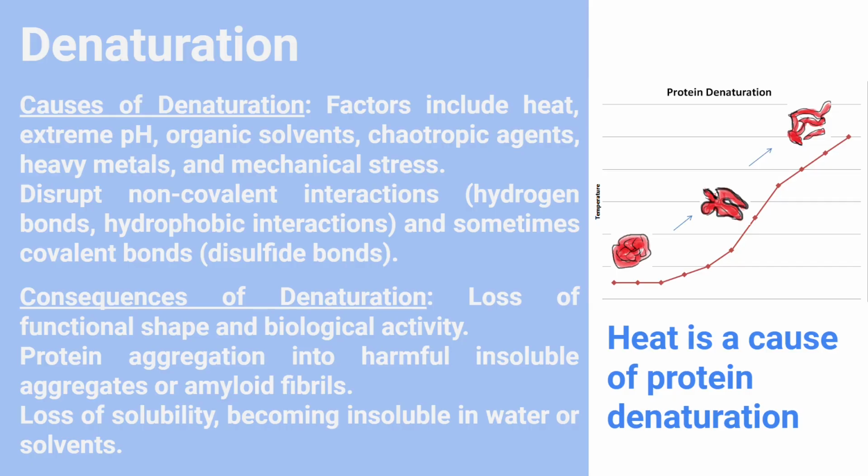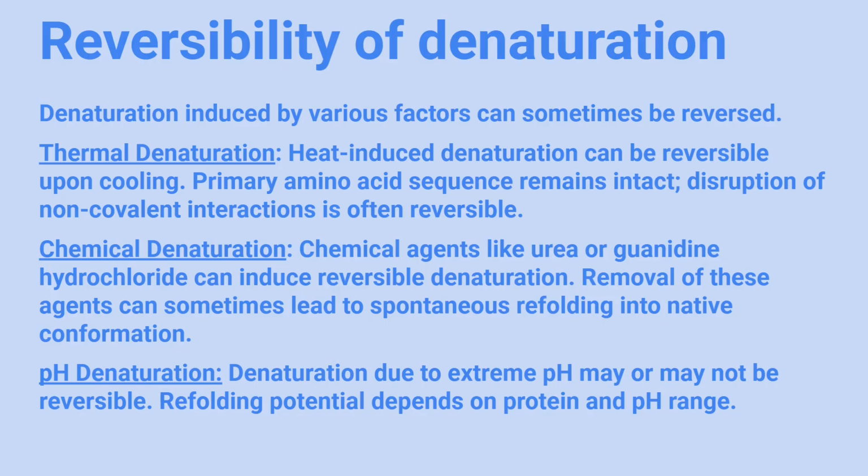In fact, denaturation results in the loss of the protein's functional shape and often its biological activity as well. The unfolded or misfolded protein may aggregate, forming insoluble aggregates or amyloid fibrils, which can be harmful to cells and tissues. Denatured proteins may also lose their solubility, becoming insoluble in water or organic solvents.